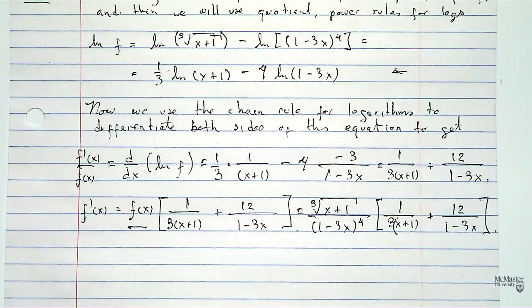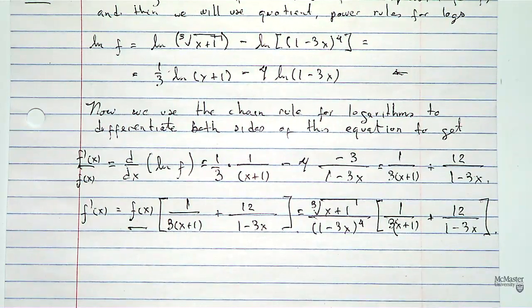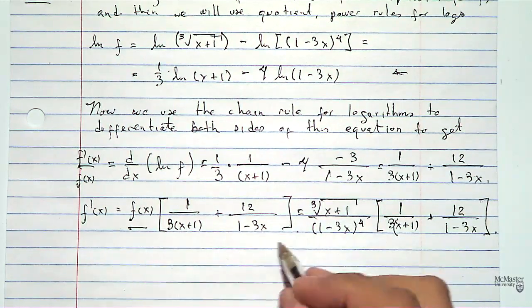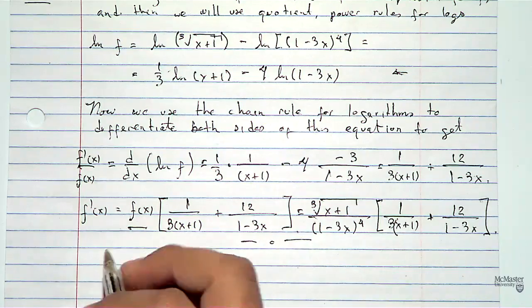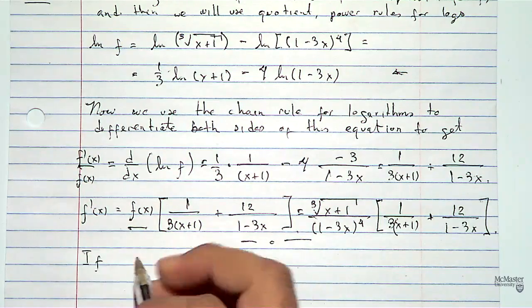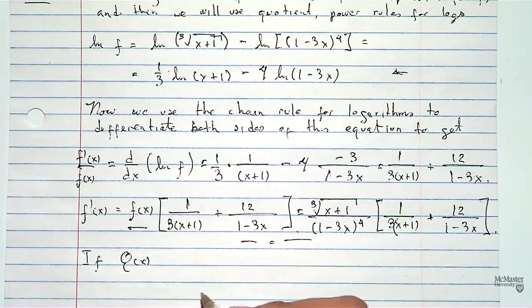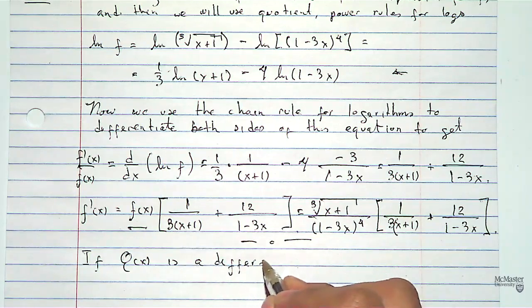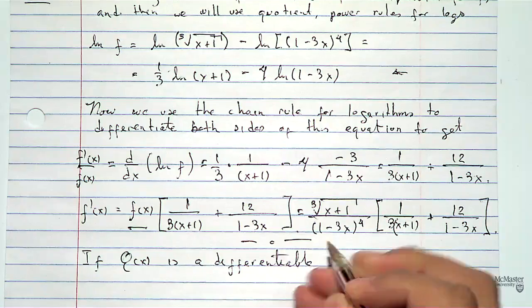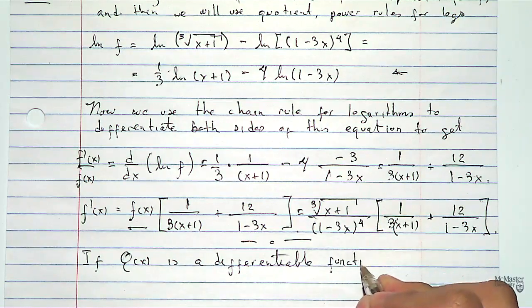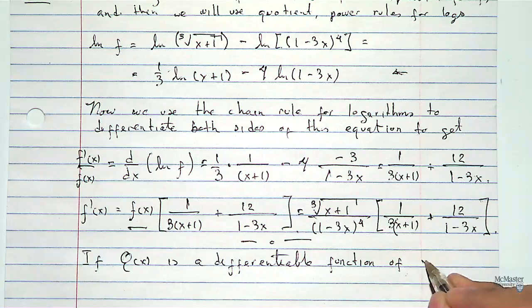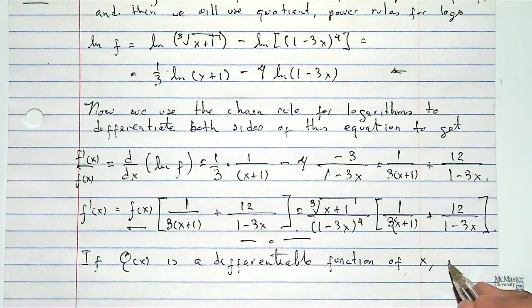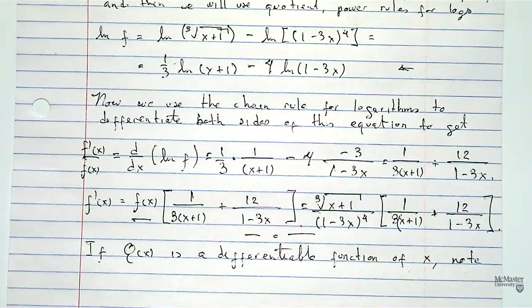So the next comment is that if I have a function q of x, which is differentiable, let's say that I consider the following object, right?